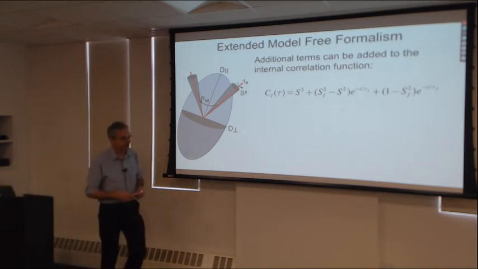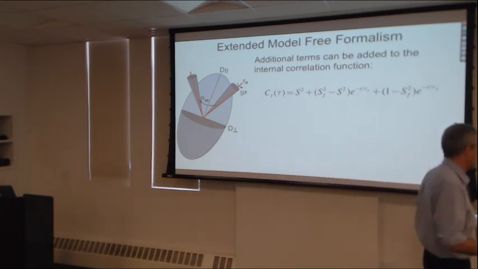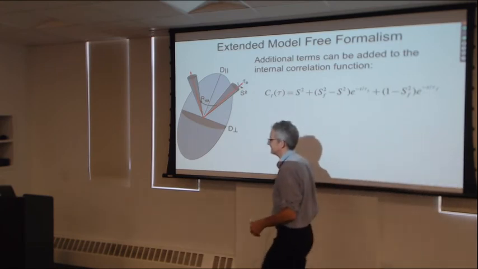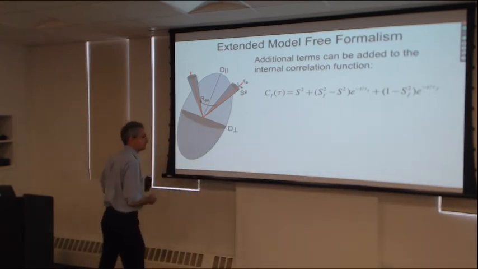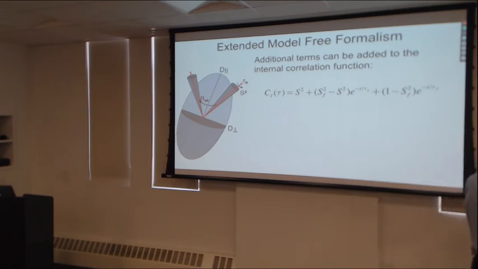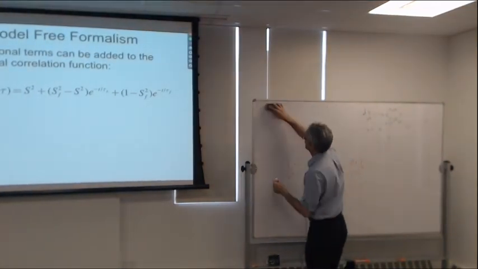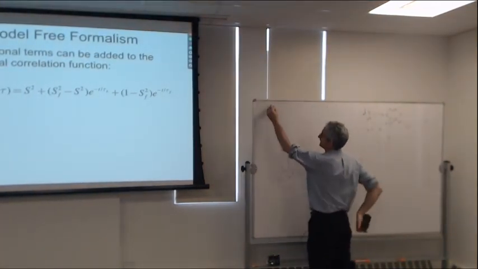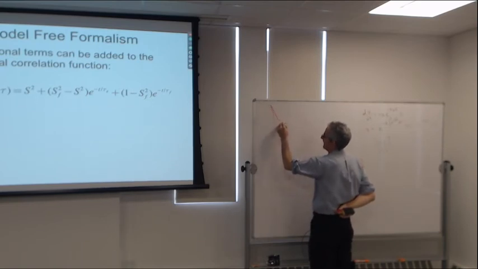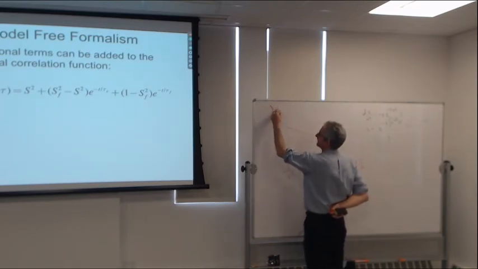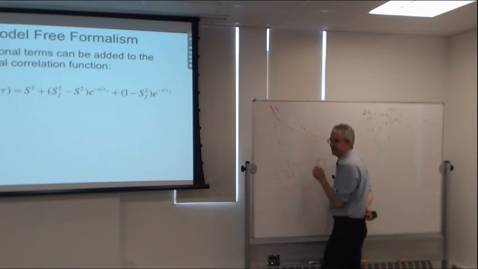And the way this was done by Clore and Szabo was to imagine that there were two internal timescale processes that were timescale separated. So there's some very fast process and then some slower process that they gave correlation times tau f and tau s.